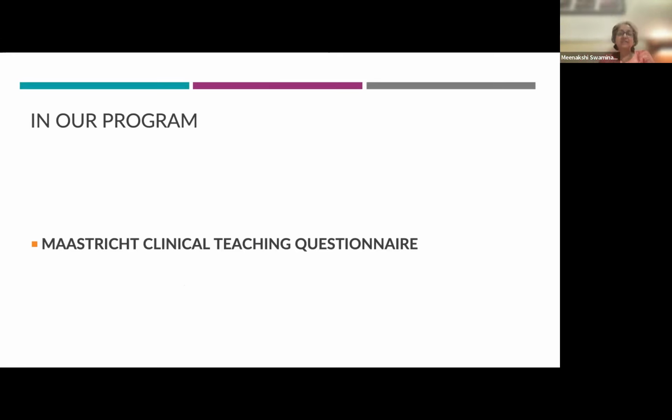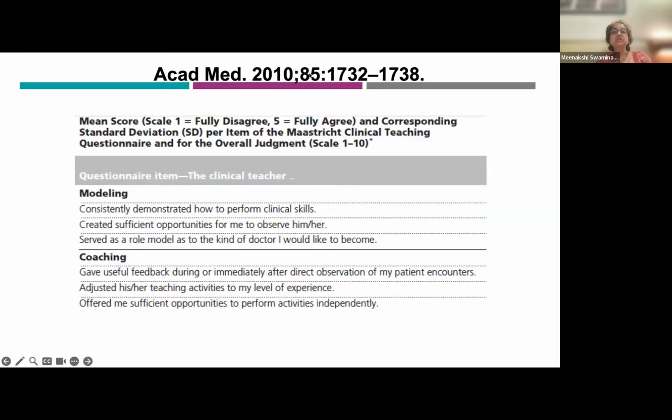So we next adopted a clinical questionnaire, the Maastricht Clinical Teaching Questionnaire, which is what I will share with you. This was published in 2010, and it basically applies to any clinical teacher. The mean score is on a scale of 1 to 5, which is fully disagree to fully agree.